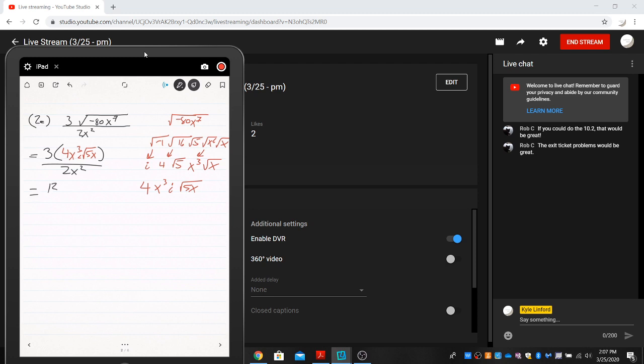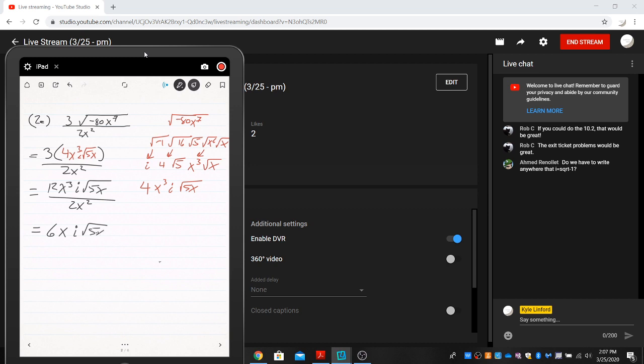Let's do our multiplication. That is a 12. And we have an x cubed. We have an i and a root 5x. And that's all going to be over 2x squared. Well, 12 divided by 2 is 6. x cubed divided by x squared is x. And then we have an i root 5x.